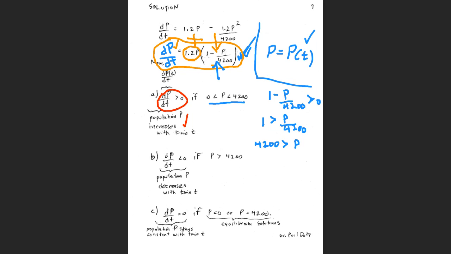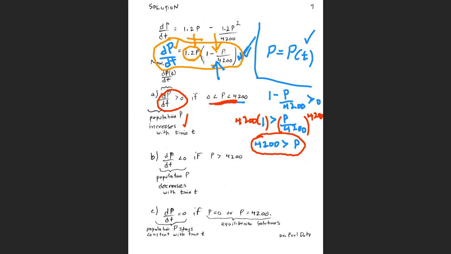So I can multiply both sides here by 4,200, right? And I end up getting p is less than 4,200. And so there you go. When p is between 0 and 4,200, the derivative is positive. So that means the population increases when the population value is between 0 and 4,200.